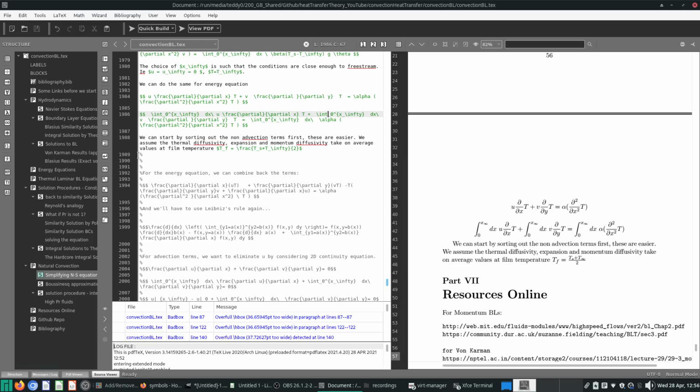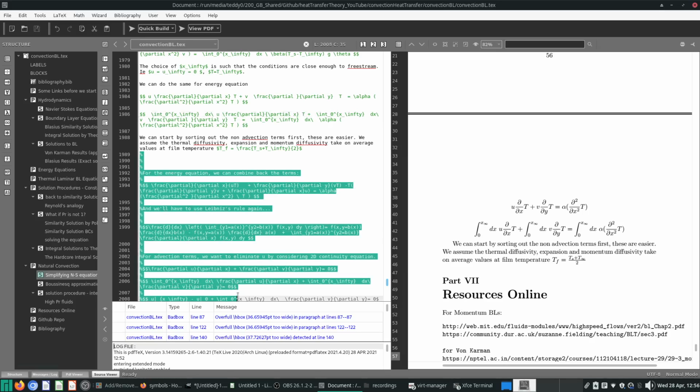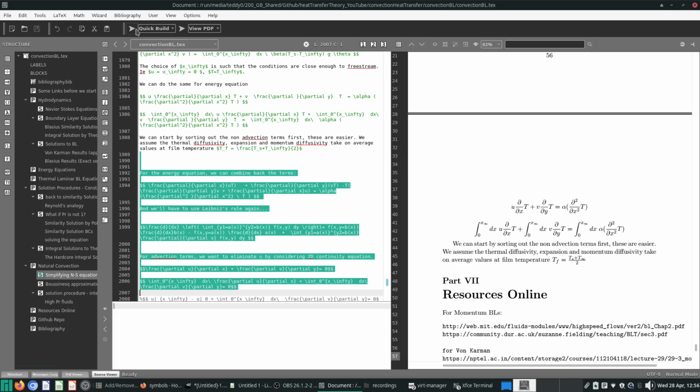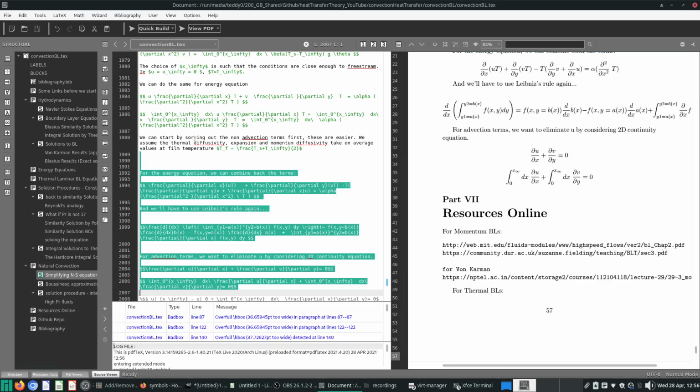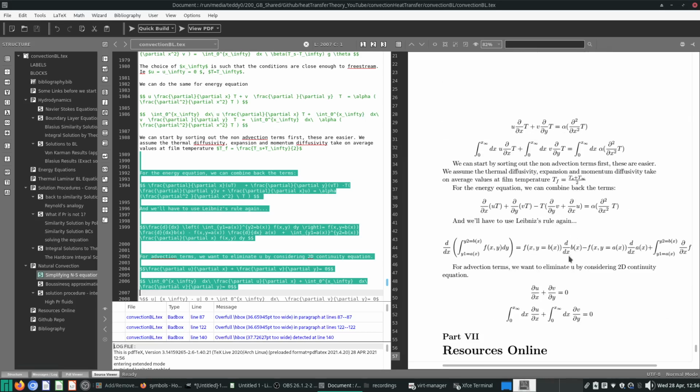Let's see how we can start manipulating our equations. We do it very similar to our forced convection. This is our continuity equation terms. Where do we start?